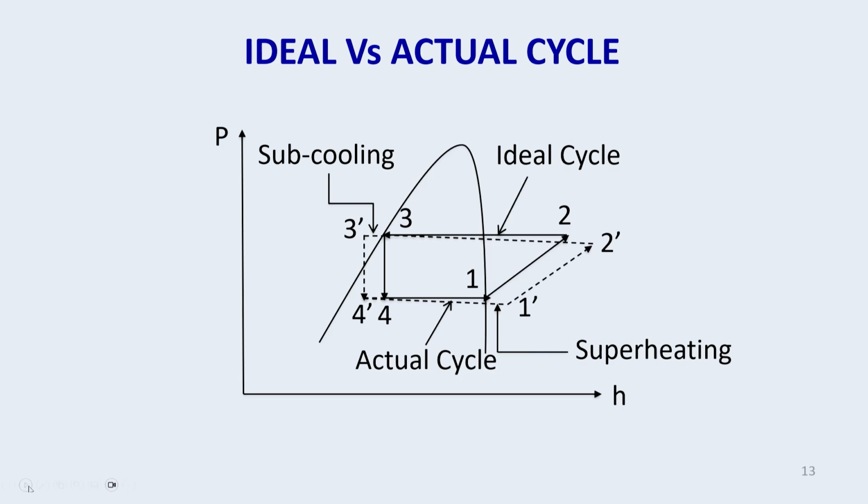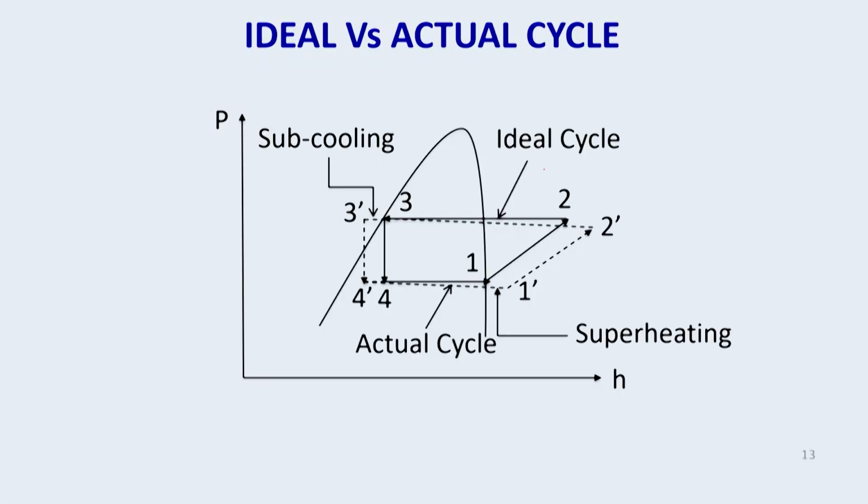Before I conclude this lecture, let us compare the processes of an actual cycle, how it deviates from the ideal vapor compression cycle. So this is the p-h diagram which shows the actual cycle and the ideal cycle.